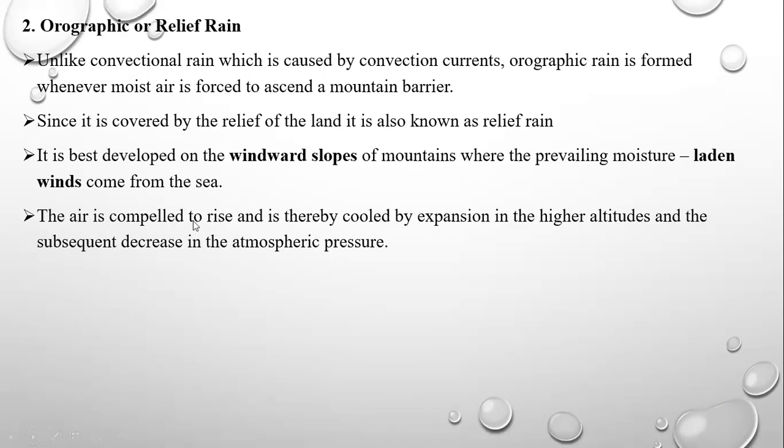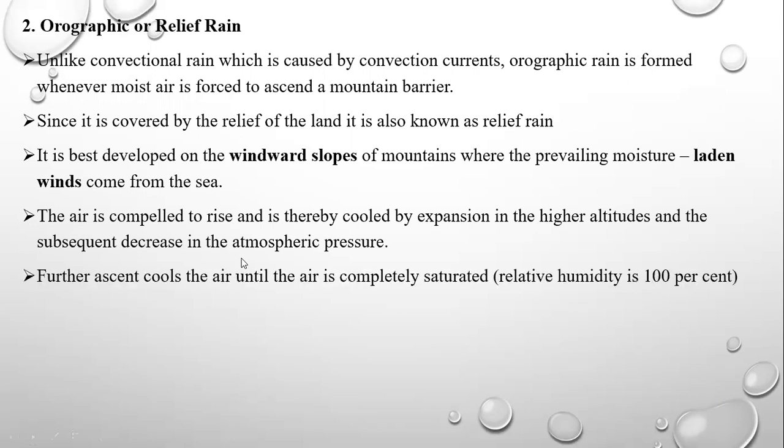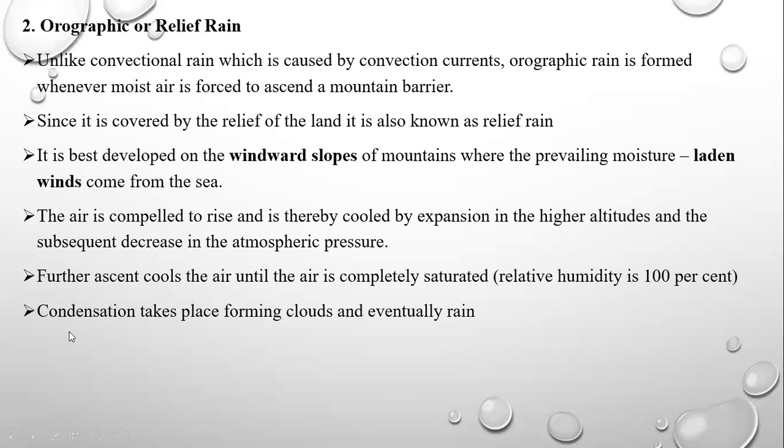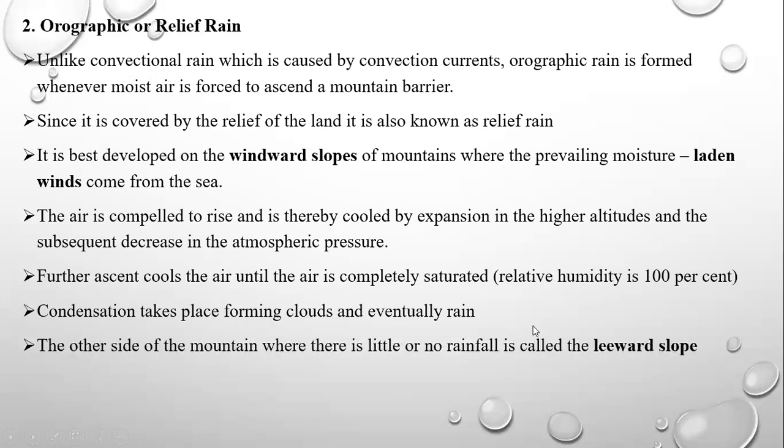The air is compelled to rise and is thereby cooled by expansion in the higher altitudes and subsequent decrease in the atmospheric pressure. Further ascent cools the air until the air is completely saturated, where you have the relative humidity at 100%. Condensation takes place, forming clouds and eventually rain.